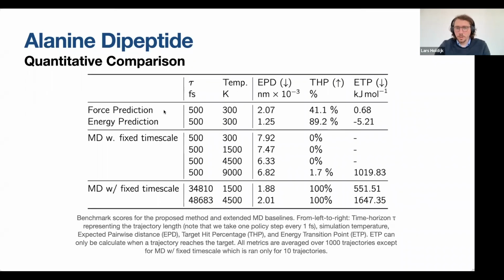So now we just run it until it actually hits the target, so it actually transitions. And then we obviously find that these methods do hit the target, because that's how they're defined. But they still require raising the temperature, and in that sense also don't necessarily find transition paths that are representative for the energy that we're interested in.